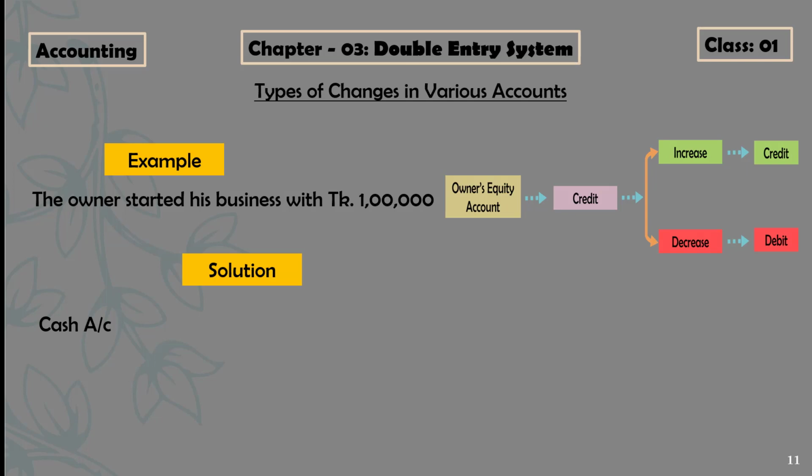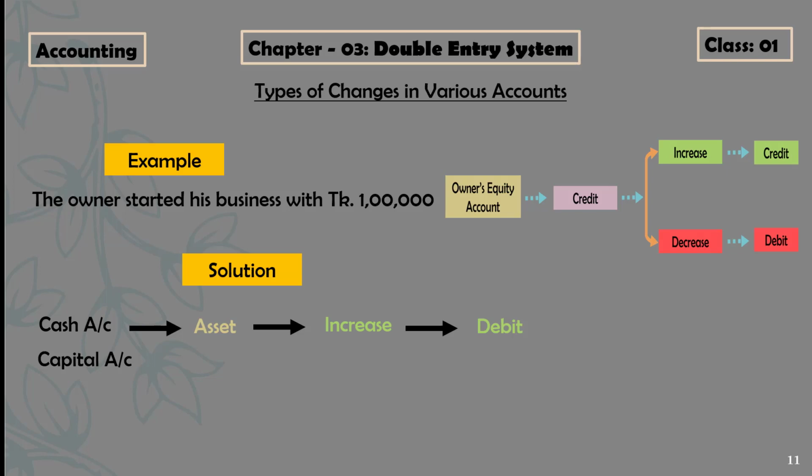So according to the transaction, cash account, since the owner started the business with taka 1 lakh, that means cash flows into the business, and ownership is created for the owner. So cash account, which is an asset account, is increased due to the investment of the owner, and from our theory, an increase in asset account will be debited.